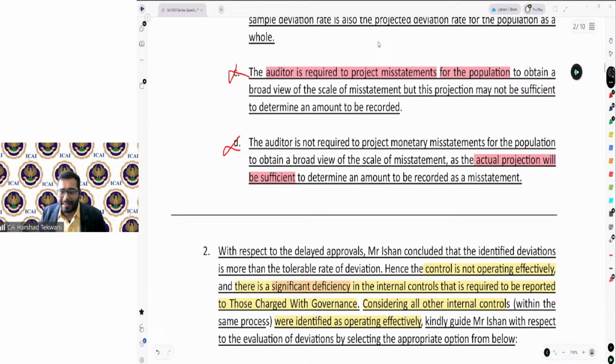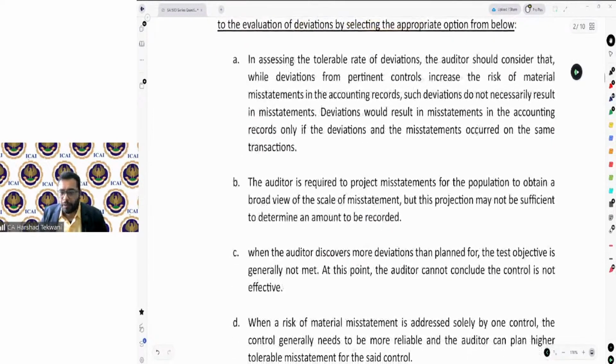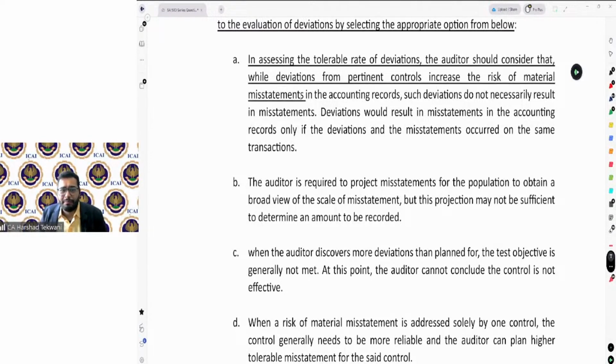Okay, let us see the answer options. Option 1. In assessing the tolerable rate of deviation, the auditor should consider that while deviations from a pertinent control increase the risk of material misstatement in the accounting records, such deviations do not necessarily result in misstatement.